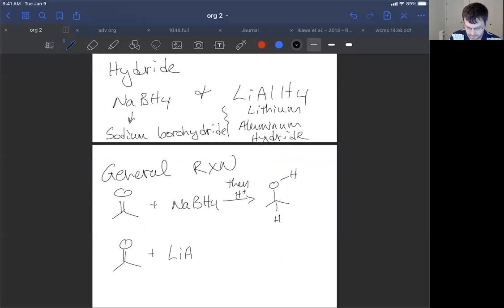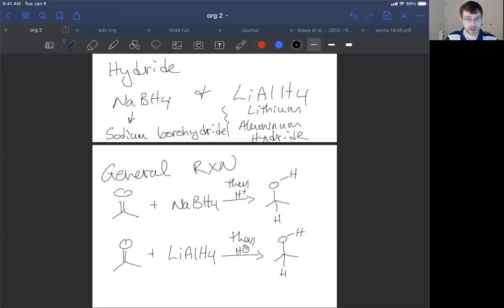For now, we're going to assume that these two are identical reagents, but we'll see that lithium aluminum hydride is a more potent reducing agent. Even though it gets the same outcome for acetone, it's a more potent reducing agent. We'll actually see it do some advanced reactions that sodium borohydride cannot do. Okay, so those are the general reactions.